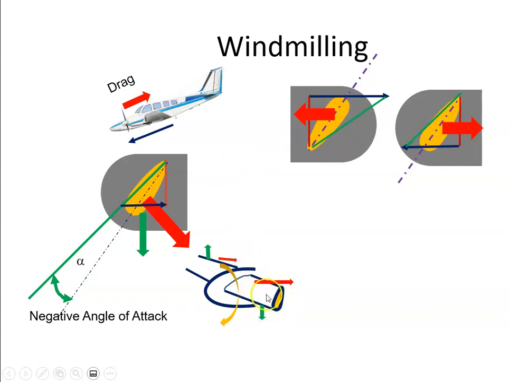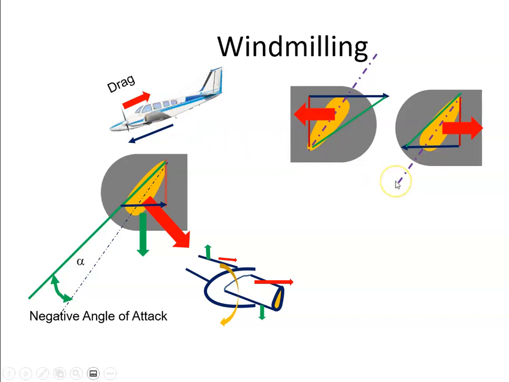So this side of the prop is if you're looking in from this side, and this side of the prop is if you're looking in from this side. So we have a positive blade angle, but we have a negative angle of attack. That gives us a negative thrust, which we call drag. So it would be a good idea to minimize that drag.